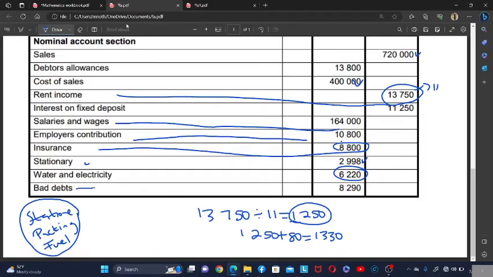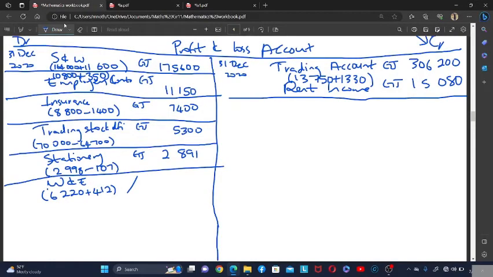We are writing off a debt. So the bad debts go there.